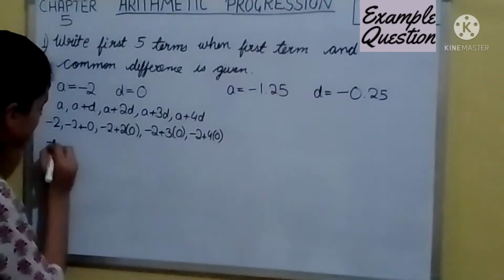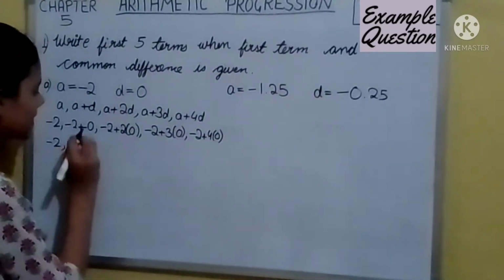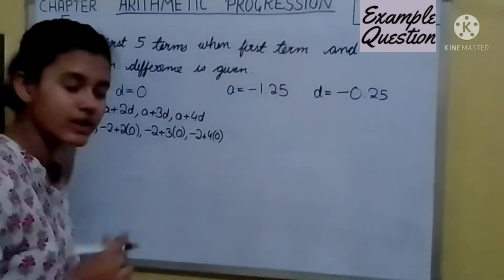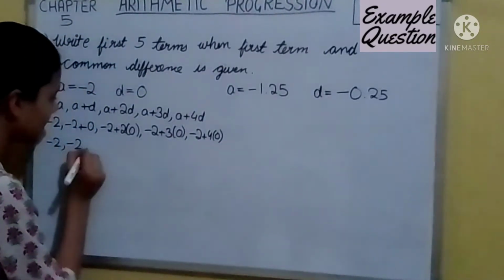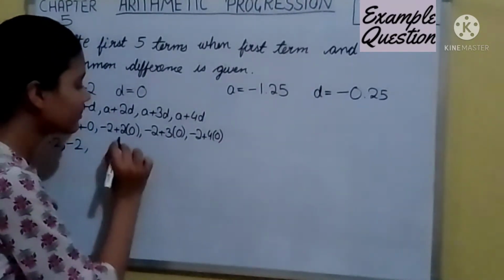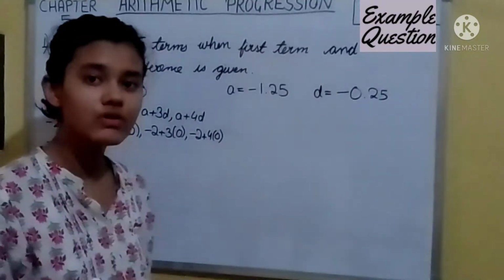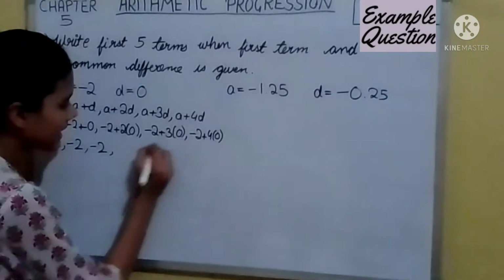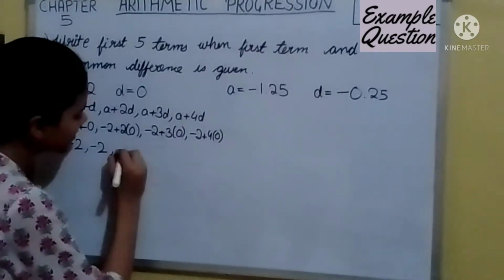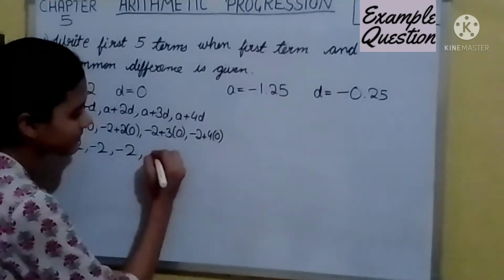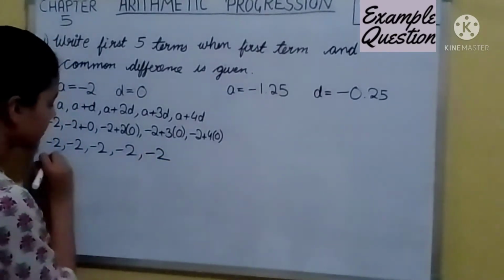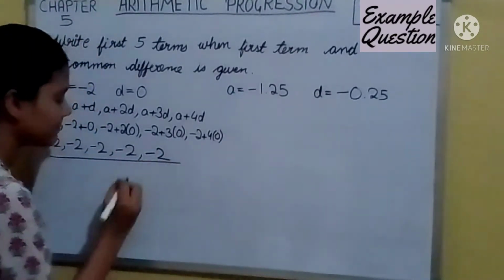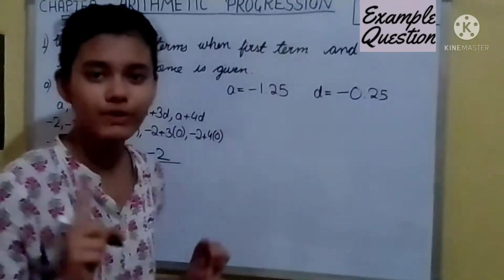Now we will calculate. We get -2, then -2 plus 0 is equal to -2, then again -2 plus 2 zeros, which is 0, so -2 plus 0 is -2. Same here also, 3 zeros is 0 and -2 is -2. Then again -2. So here we have got the AP for the first part.